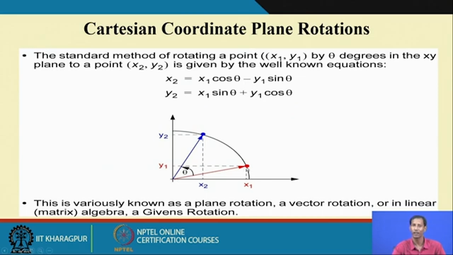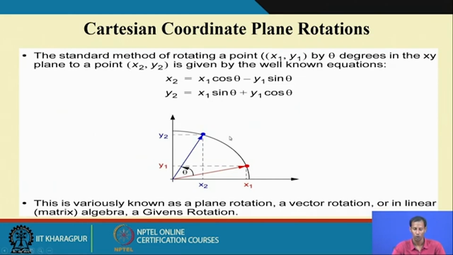Suppose this is the initial vector which is rotated by the angle theta. After the rotation, this is the new set of values I will get, which can be written as x2 equals x1 cos theta minus y1 sin theta, and y2 equals x1 sin theta plus y1 cos theta.